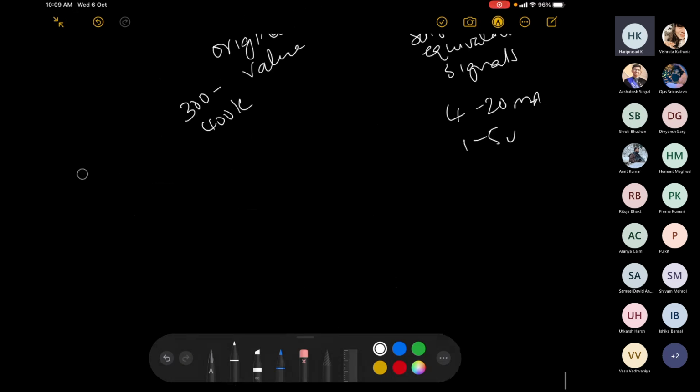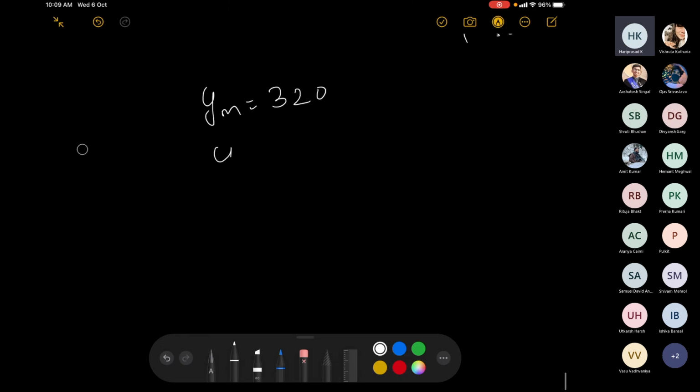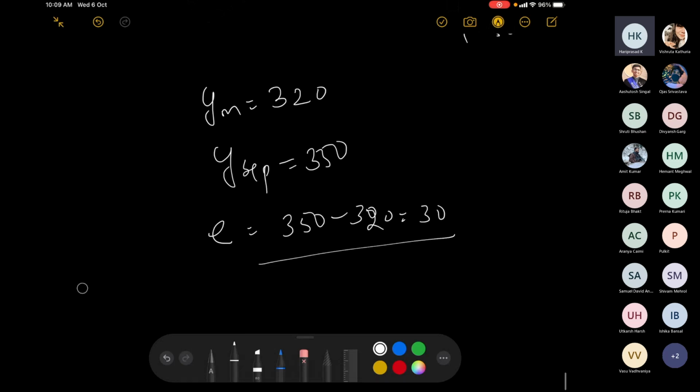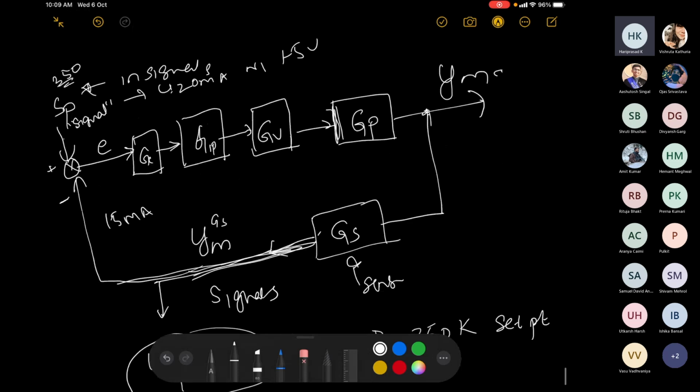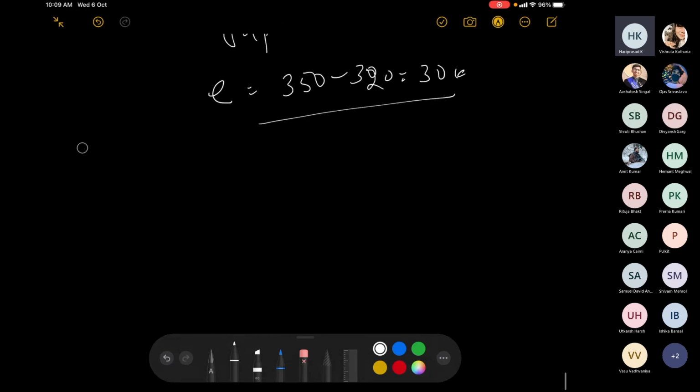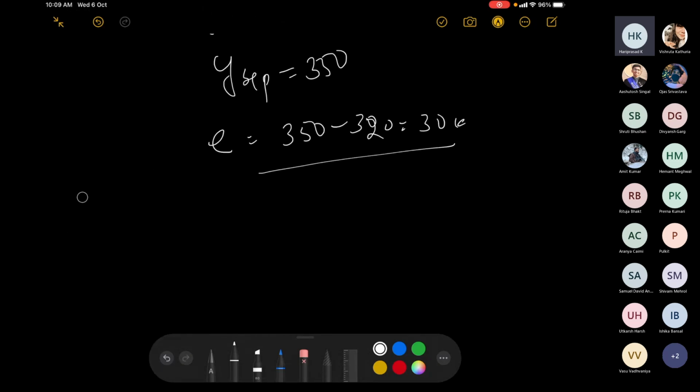Your true value of y may be 320, let's call it ym is 320, and y set point is 350. So the error in true variables is 350 minus 320, which is 30 Kelvin, whatever. While the error signal inside the loop would be like this.